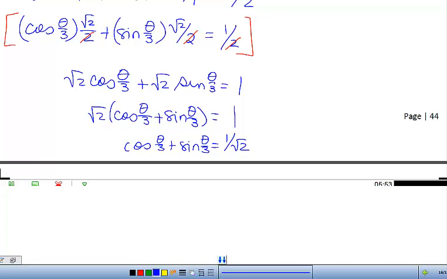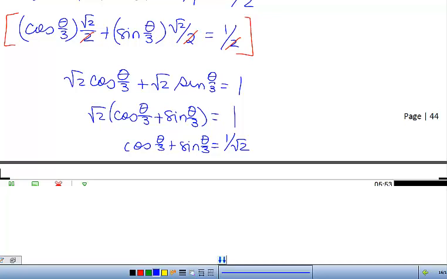When I look at this, I don't recognize any identities that would help me right away. But I know I need to get rid of the cosine and sine. That's a problem right now since I don't have an identity that ties them together.